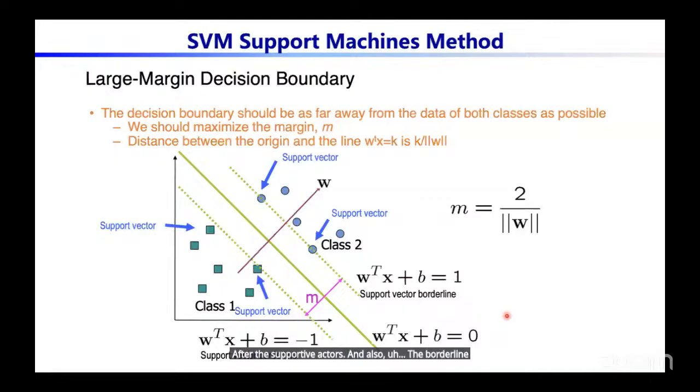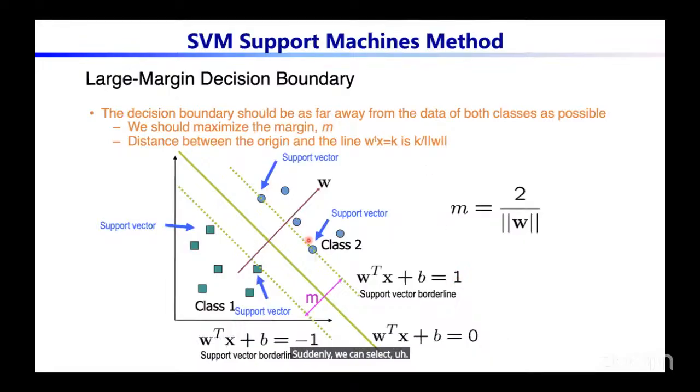Of course, there's this question: how do we determine all those parameters, the w's and the b values? Without determining those, we cannot really determine the borderline.